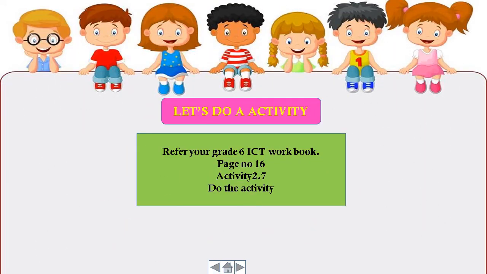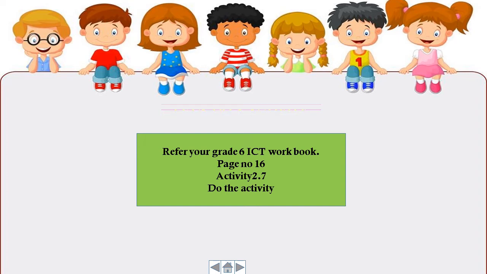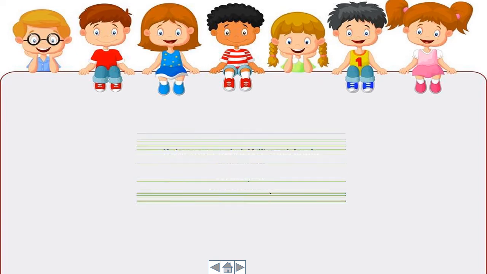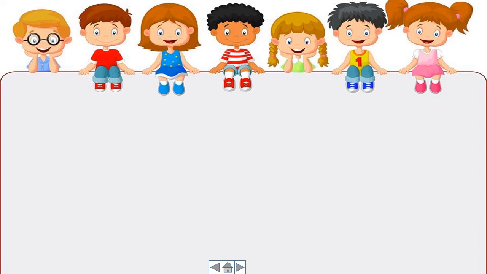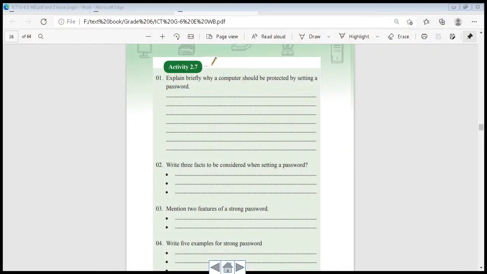Let's do an activity. Refer to your grade 6 ICT workbook, page number 16, activity 2.7. Do the activity. First question.